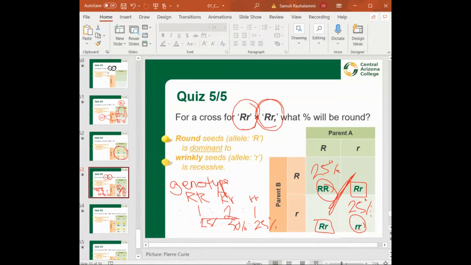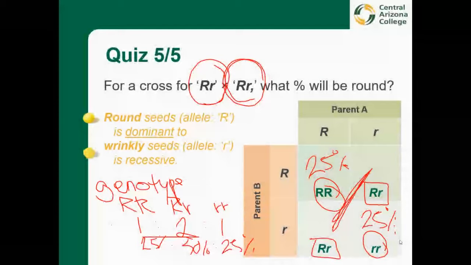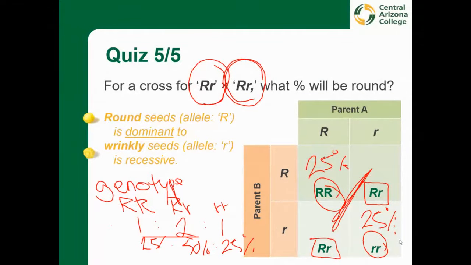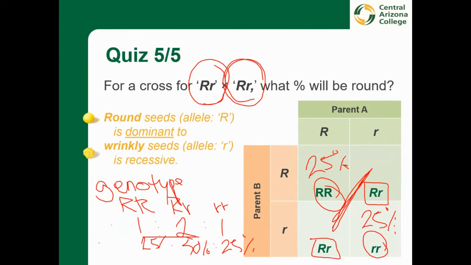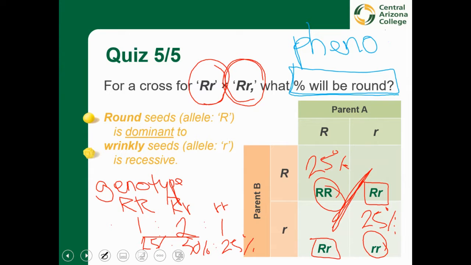So that was simply our genotype. We are, however, being asked to report something other than the genotype. What we're being asked to report is the appearance, so the phenotype. So will it be round or will it be wrinkly?